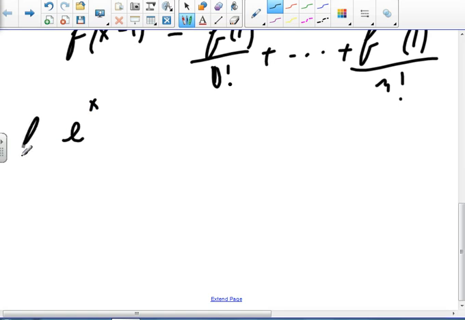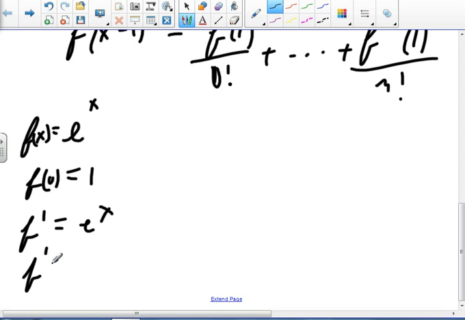Now if I look at that I say, well, why don't we take something like e to the x? So f of x is equal to e to the x, and f at 0 is 1. And f prime of e to the x is e to the x, and f prime at 0 is 1. You see a pattern there?